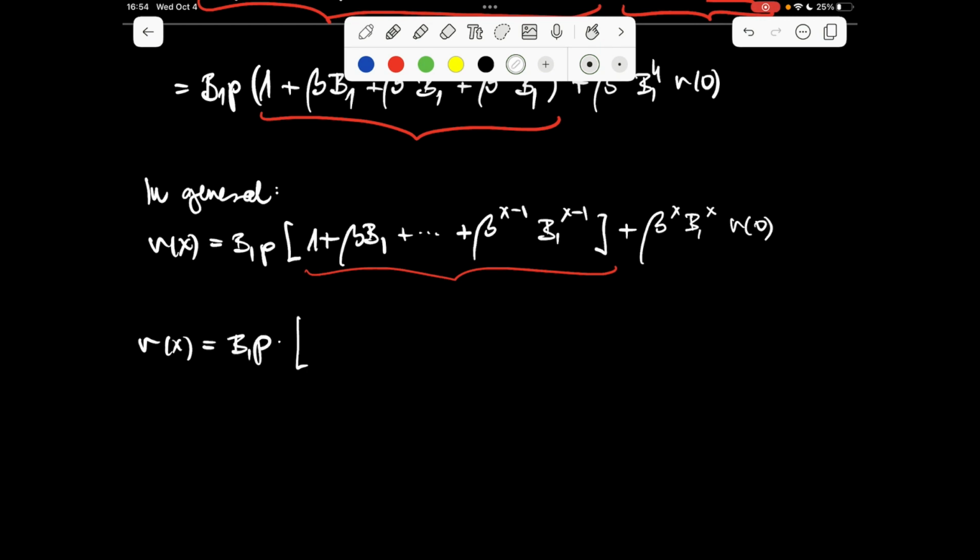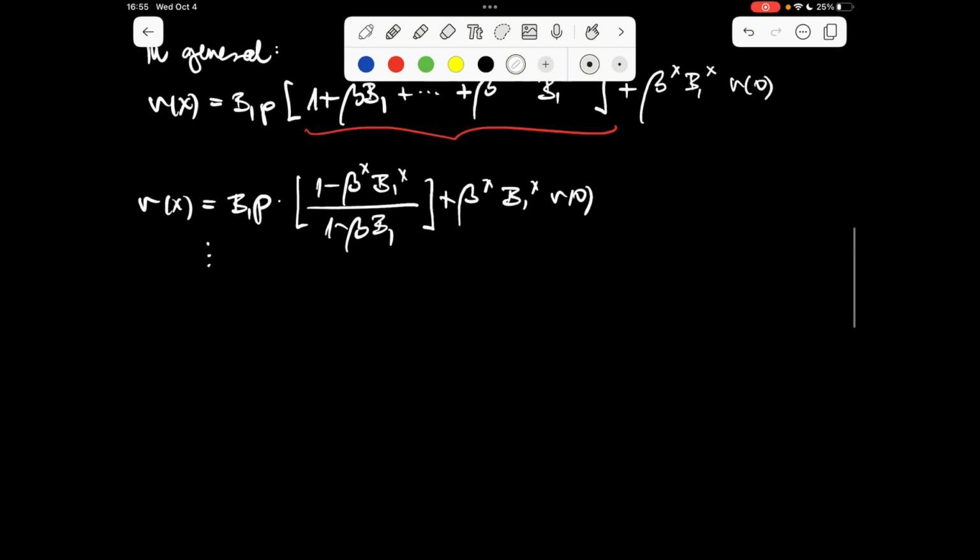And this is the guy that stands for the series in the previous line. All right. And in a few steps, we can have this equation, this form.